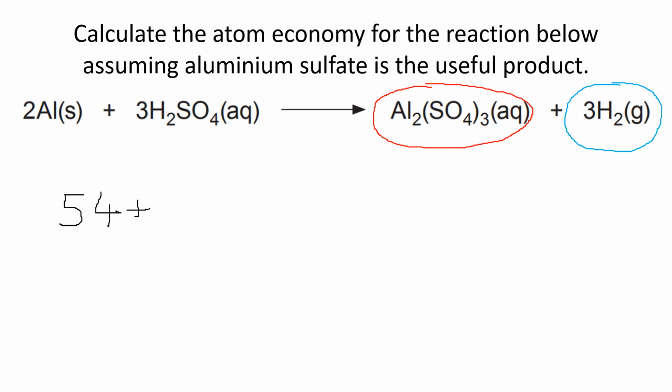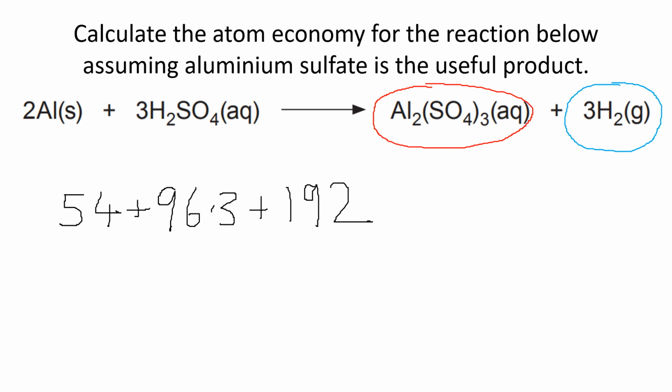And then you've got sulfur, which is 32.1, but there's 3 of them, so that's 96.3. And then for the oxygen, you've got 4 oxygens, but you're timesing it by 3, so that's 12 oxygens. So that's 12 times 16, which is 192.